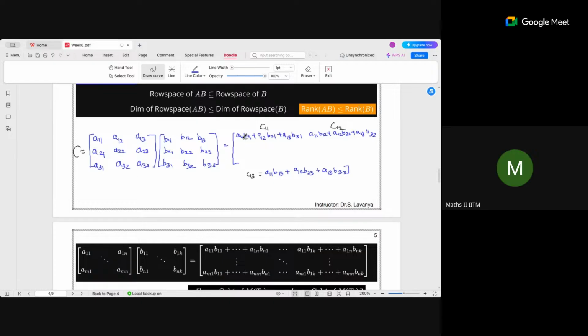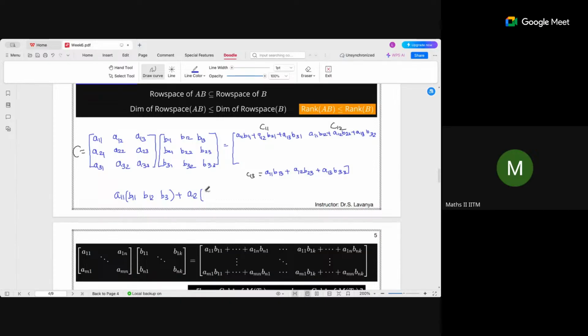Here you have, what is the first row of B here? B11, B12, B13. So we are having A11 times B11, B12, B13, right? Plus A12 times, what is that we are having next?